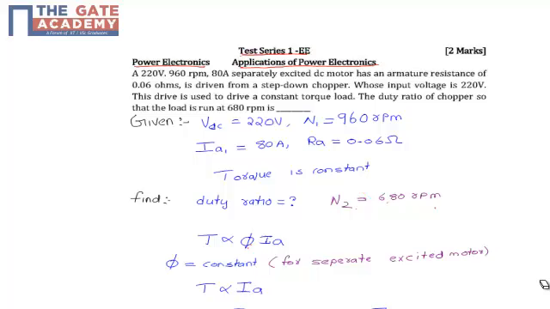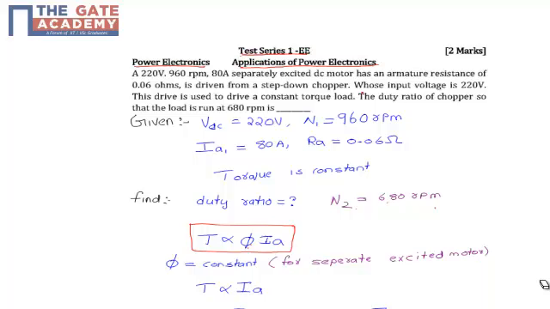In the given condition, torque is constant. So the formula for torque is directly proportional to phi Ia, where phi is constant for a separately excited motor.